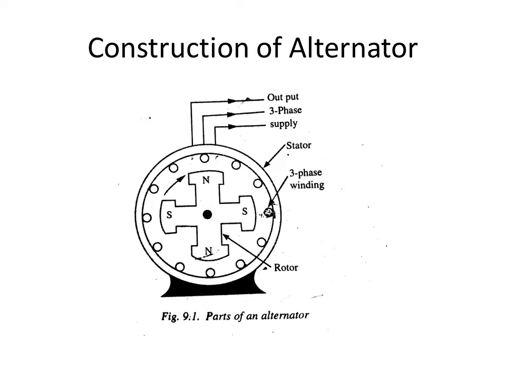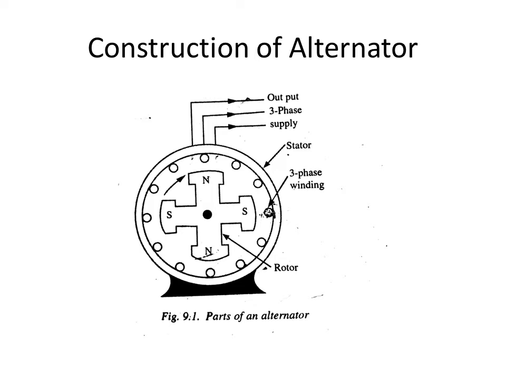And here, what are the different constructional features of the alternator? What are the parts of the alternator? There are two main parts: one is the stator, another is the rotor. As I already mentioned, the stator is a stationary part.